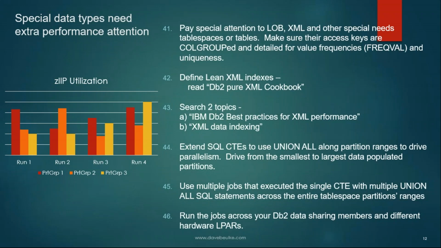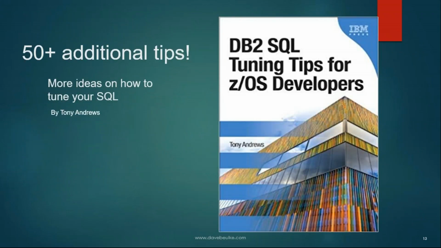And then we're going to run jobs across all the data sharing environment using the different LPARs and using all the zIIP processors that we can. That's the way we get performance.